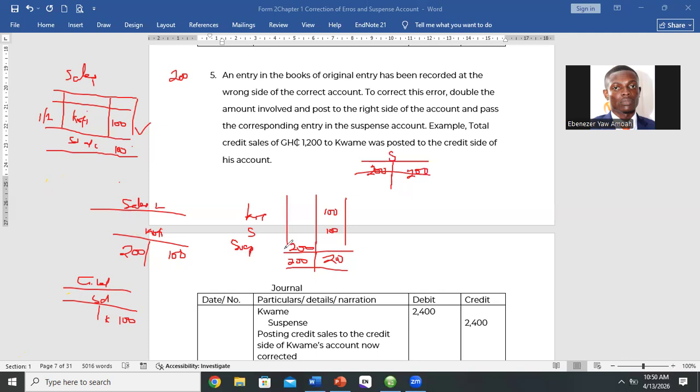So this suspense will go off our books. And then Kofi's account will now have a debit balance, because if you strike the difference, you now have Kofi a debit of what? 100. And no more a credit of 100. And then your trial balance total will now be a debit of 100 against a credit of what? 100. So this is the point I was making.